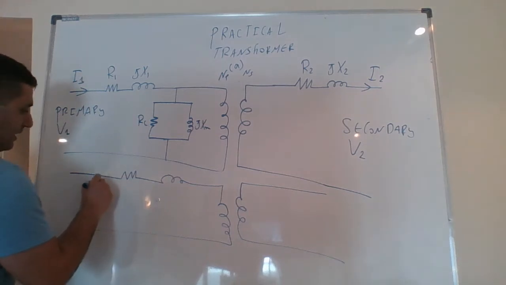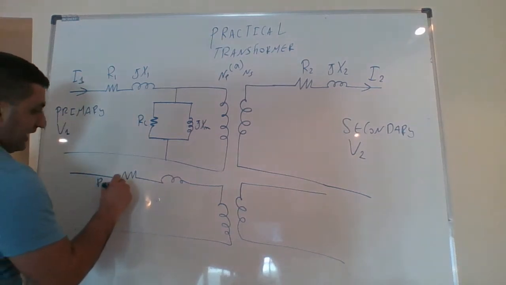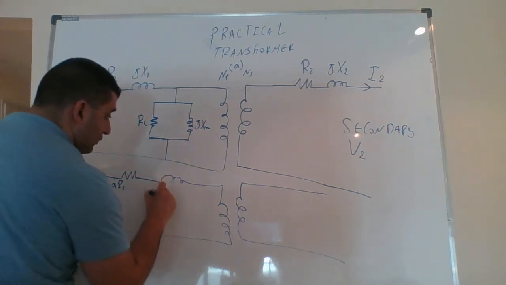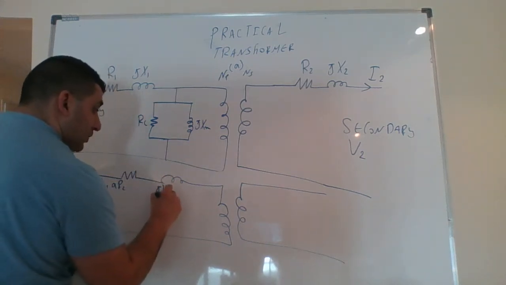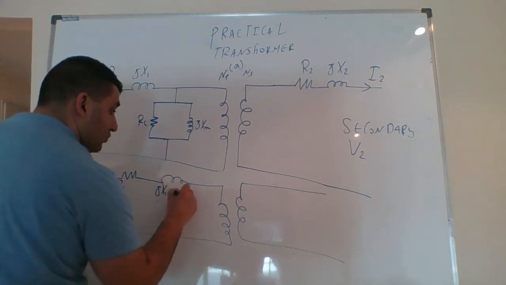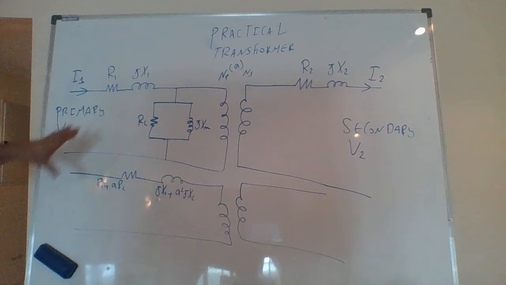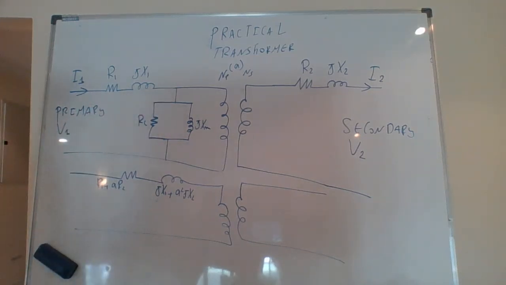This will be R1 plus A squared R2, and this will be JX1 plus A squared JX2, by neglecting the effect of the shunt losses.